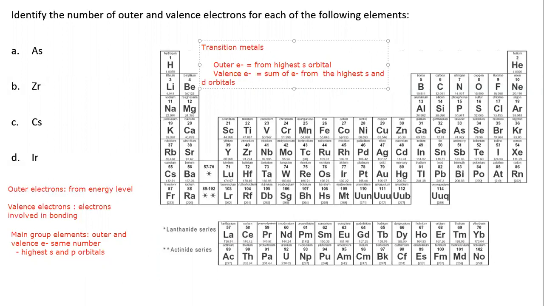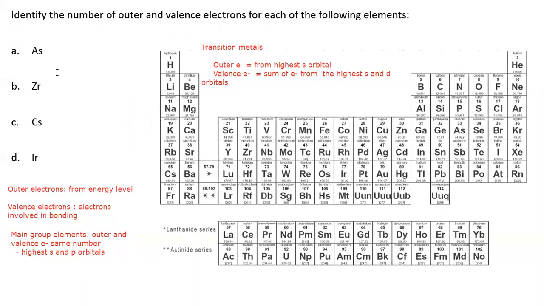So this is how we determine the number of outer electrons and valence electrons, depending on whether it's a main group element, such as group 1, group 2, group 13 through 18, or a transition metal, which is the d block elements. We won't worry about f blocks here.